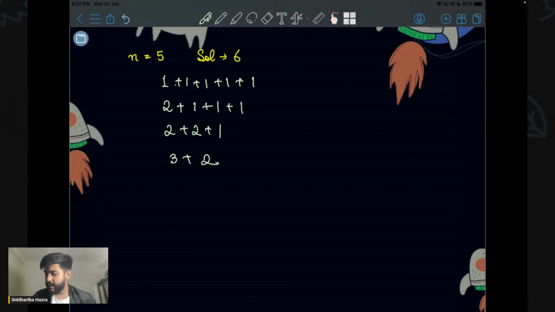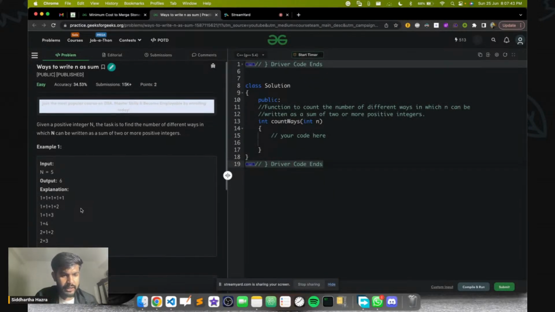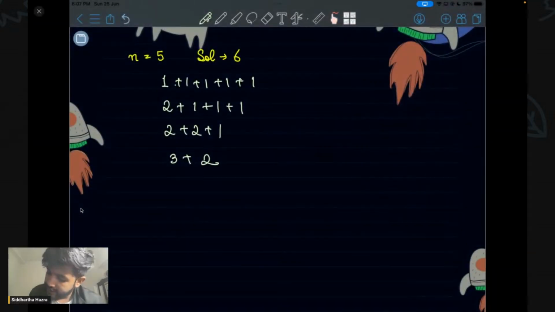Any more ways we can have it? 2, 3 is done. So what are the different ways to have it? Let me just see if the same combination is considered or not. Okay, I forgot the fourth thing. It can also be written as 1 plus 4.